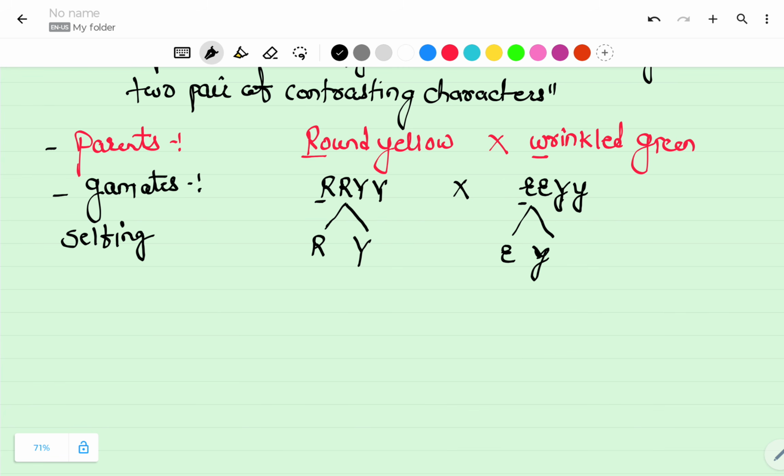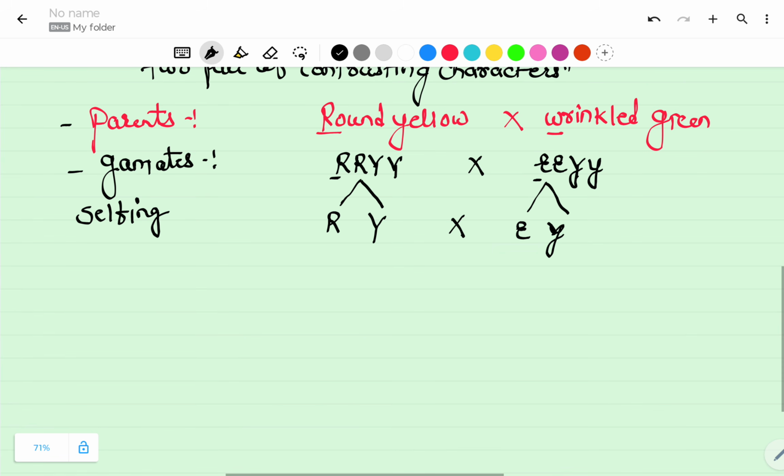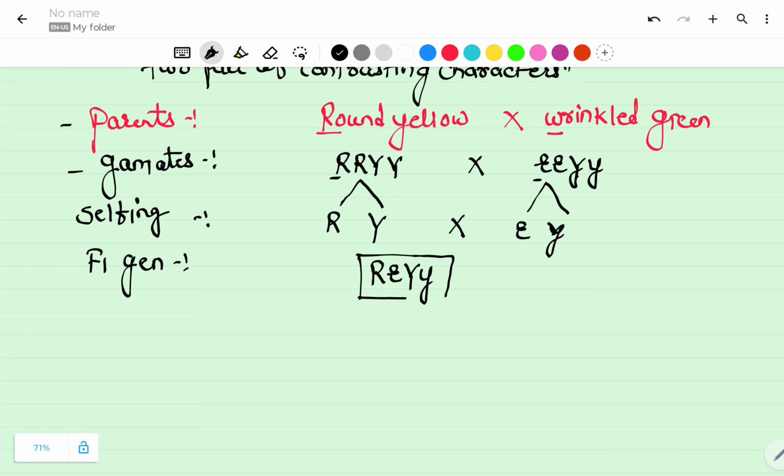Now in the F1 generation, the first filial generation, we are crossing these two characters, so they look like capital R small r, capital Y small y. These are the first progeny, the F1 generation, from the cross between round yellow and green wrinkled.